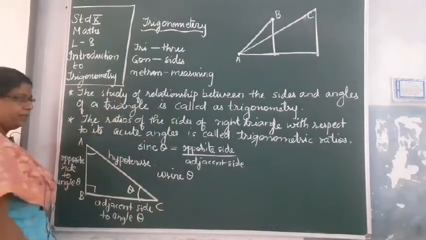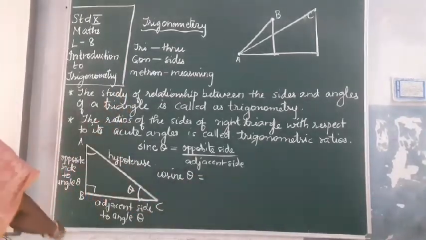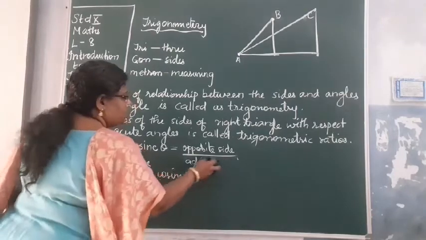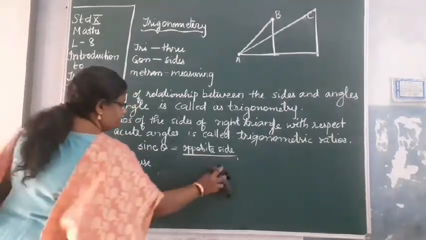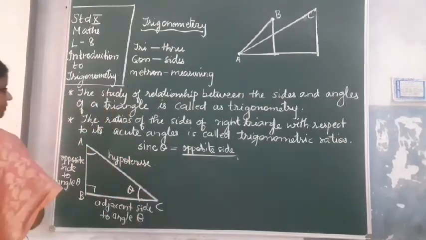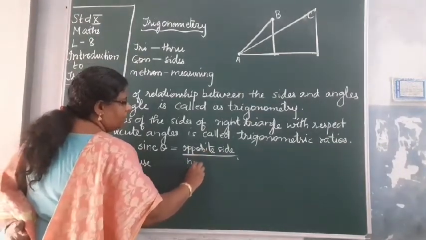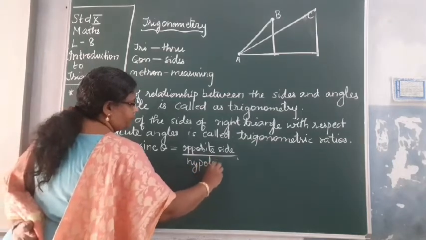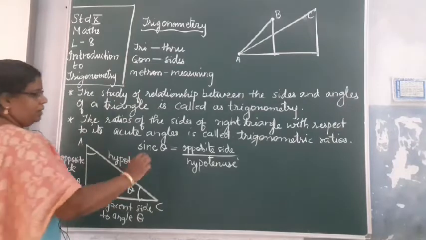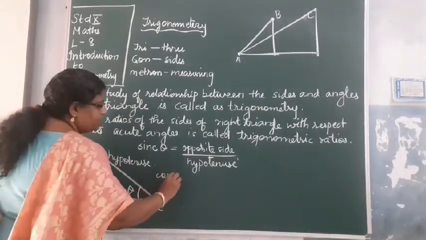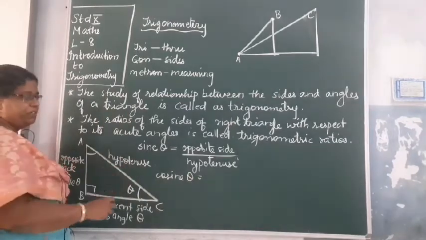Cosine theta will be equal to, sorry, this is not adjacent, it is opposite side upon hypotenuse.